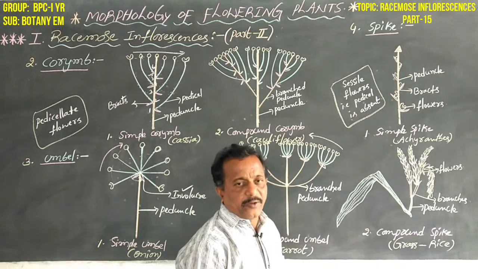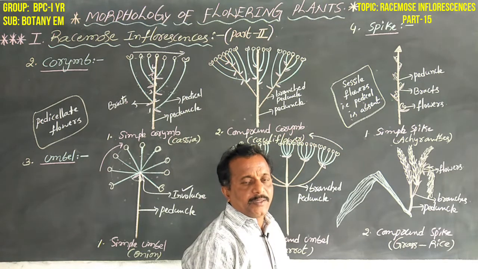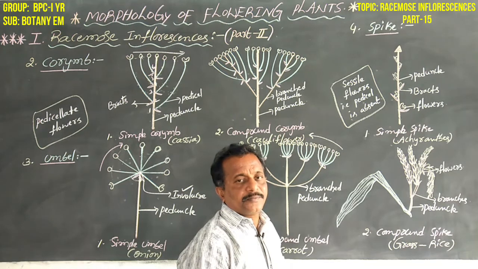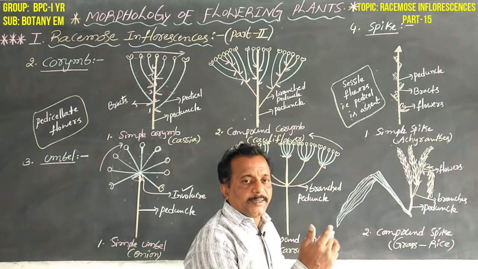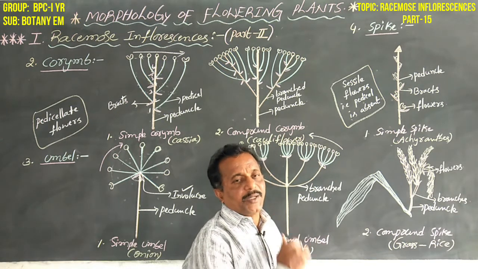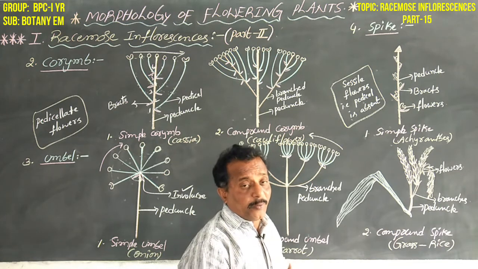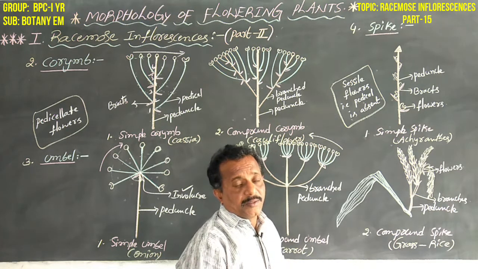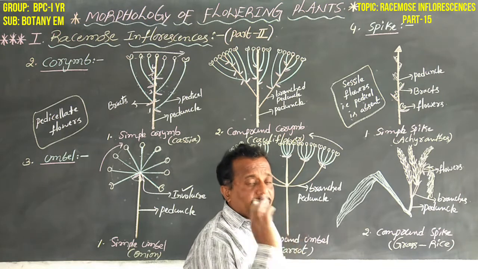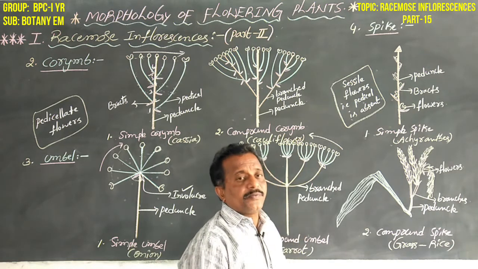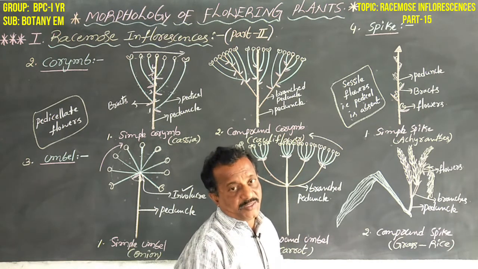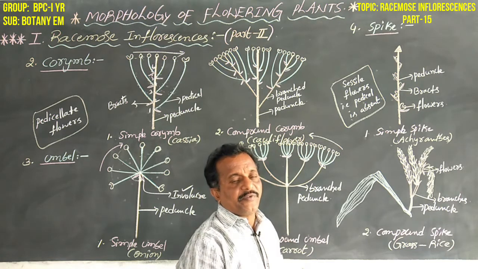Acropetal manner means older ones are at the bottom and younger ones at the top of the peduncle. So a simple spike is similar to a simple raceme.